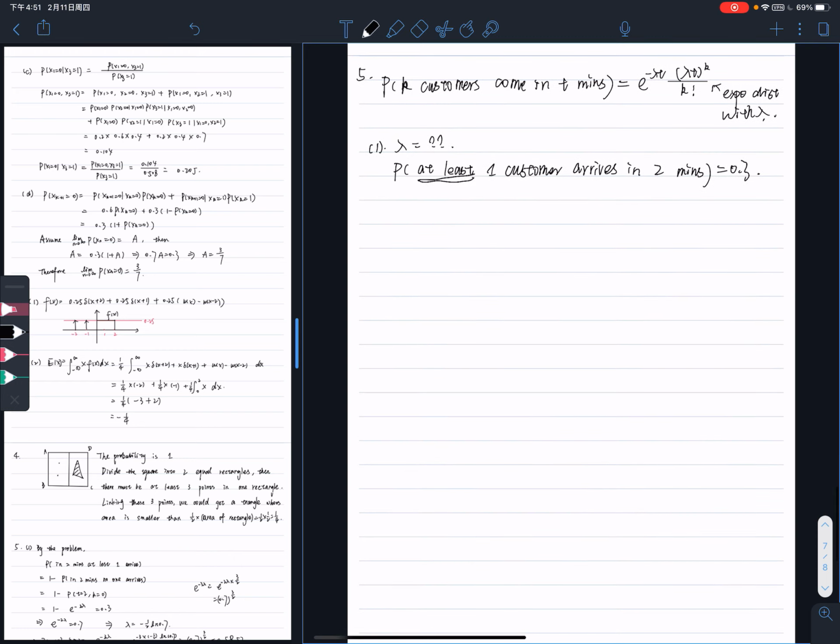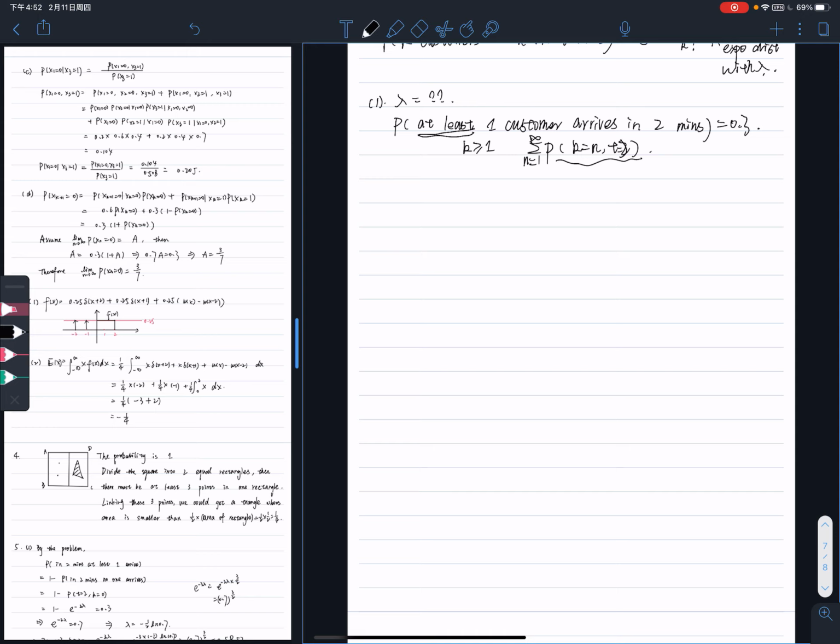If we directly solve it, it will be really hard because it means k is larger than or equal to 1. Then we would need the sum from k equals 1 to infinity with t equals 2, which is really hard to compute because it has infinitely many terms.